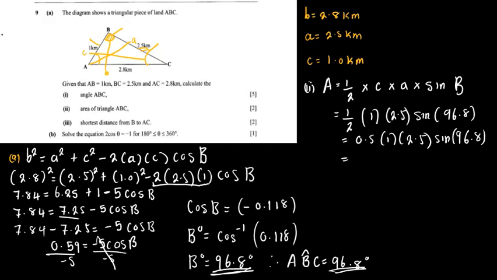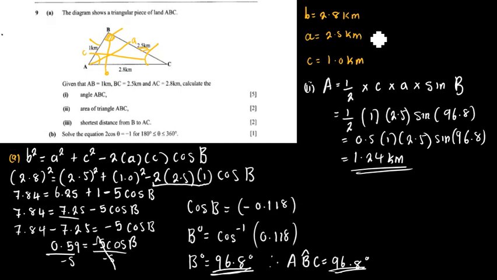What are you going to get? 0.5 multiplied by 1 multiplied by 2.5, then sine 96.8. Okay, so we are getting the area of 1.24 kilometers squared. Okay, that's the area.